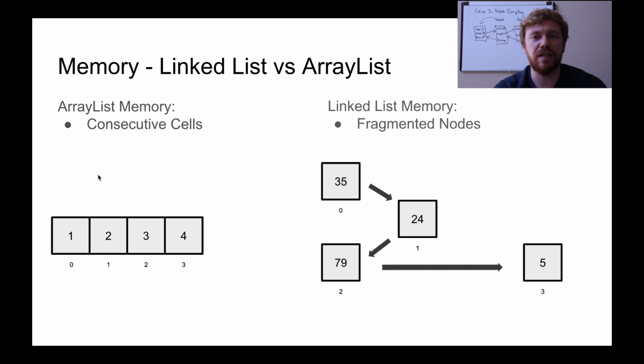And if you want to go beyond that size, then you need to basically create a brand new array and copy all of the elements over, which the array list conveniently does for you, but that's inefficient. So that's just talking about the pros and cons between an array list and a linked list, and part of the reason why a linked list even exists if we already have an array list.